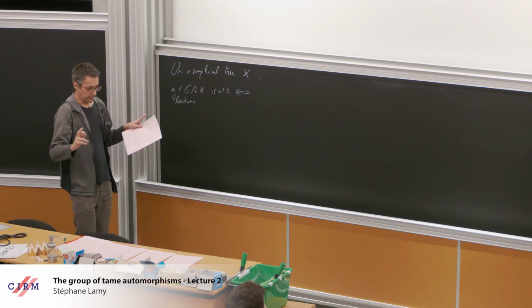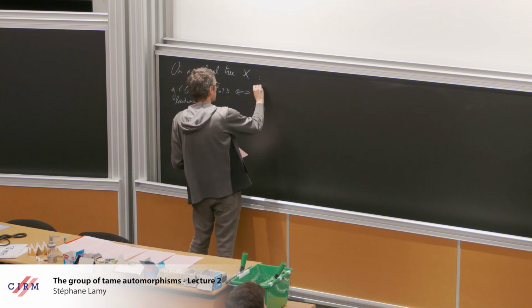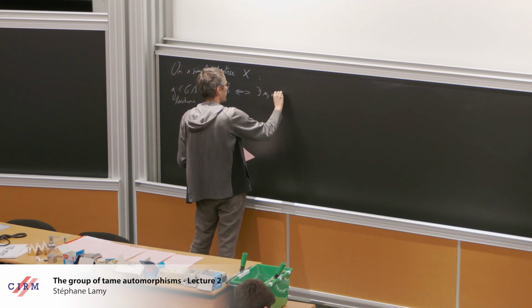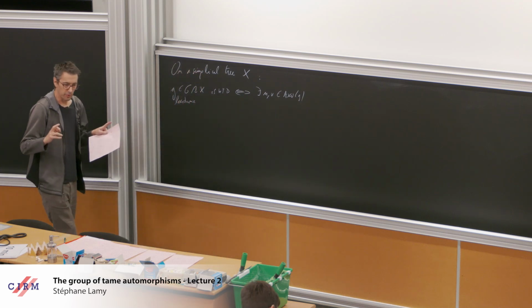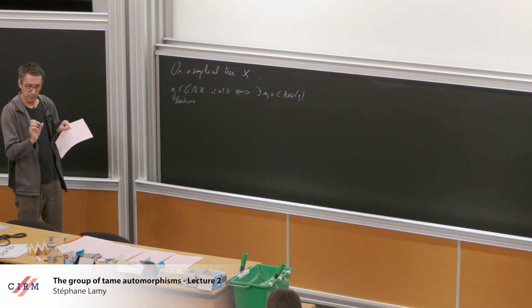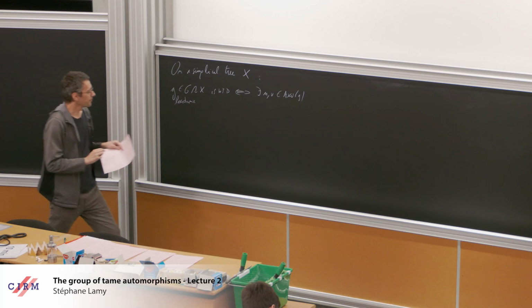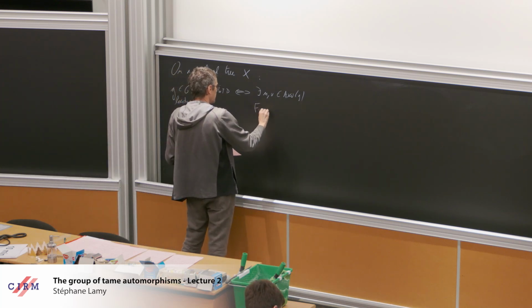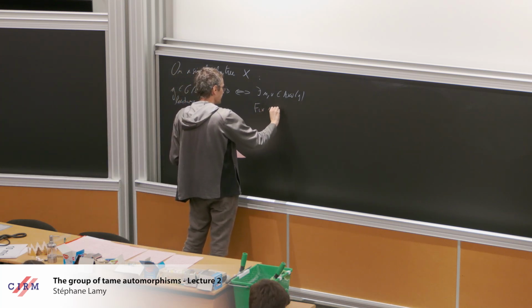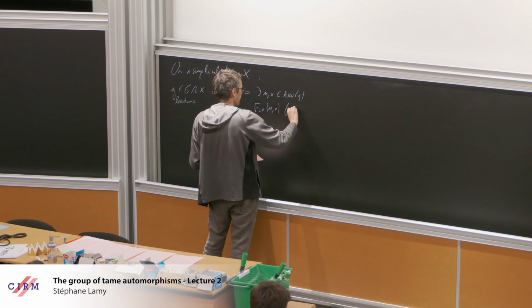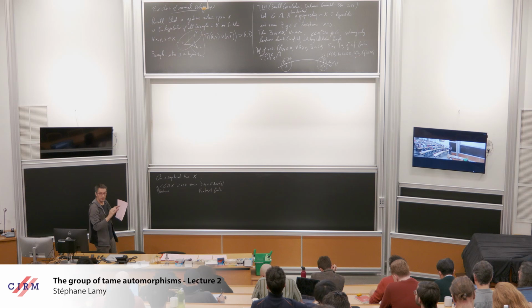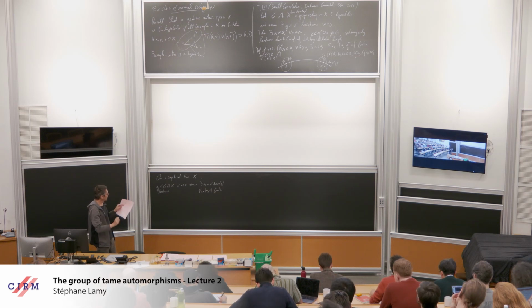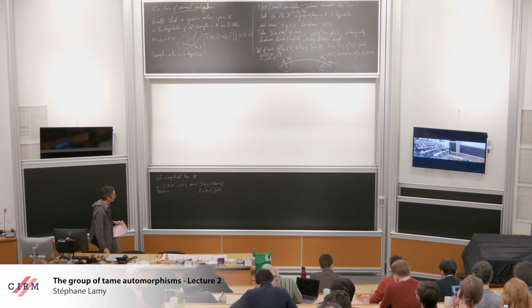You want to find two points on the axis, so there exist u, v on the axis of g, such that the stabilizer of u and v is finite. So you can remove the radius R, the error. You just look at the group fixing u and v. If it is finite, it's WPD.